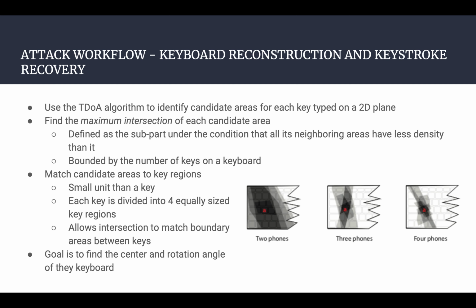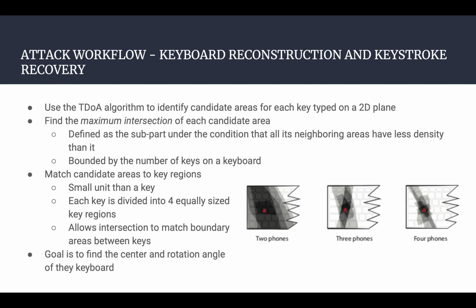And the algorithm basically rotates and centers the key regions to match the intersection, and then lays out the keyboard based on that assumption, and then evaluates all of the other candidate areas against that, and then picks the rotation and center that has the maximum coverage for the keys recovered. So again, as I mentioned before, there's a high computational cost to doing this, but it provides a more generalized attack workflow.